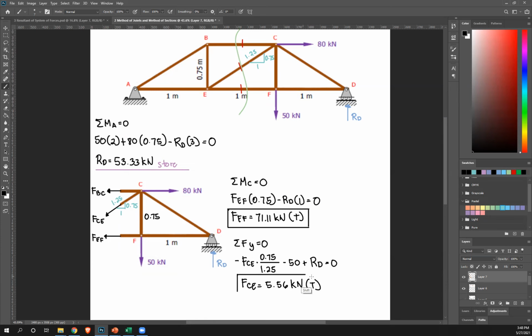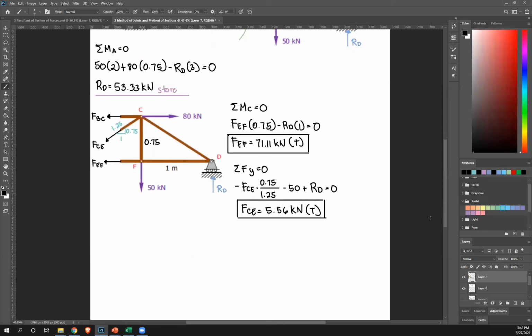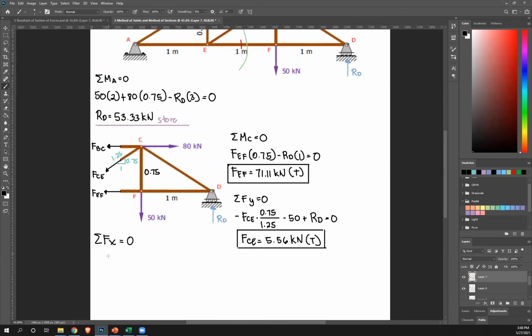Lastly, to get FBC, you can use moment, or you can use summation of forces x equals 0. FBC to the left, so negative FBC. FCE also to the left, so negative FCE. Take its horizontal component: the horizontal leg is 1, so 1 over hypotenuse, 1.25.